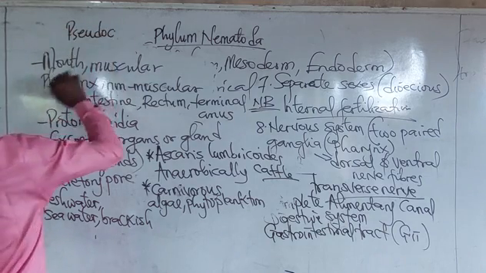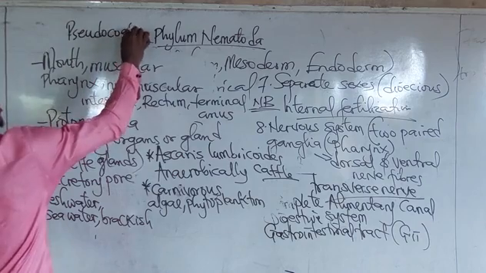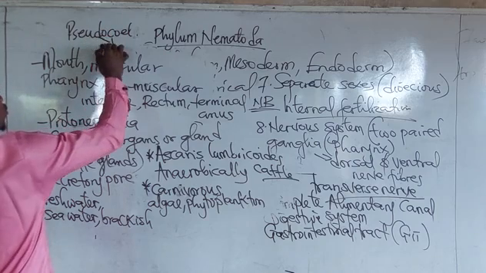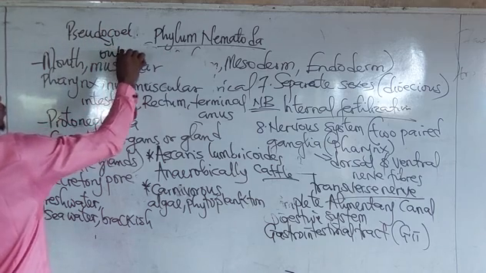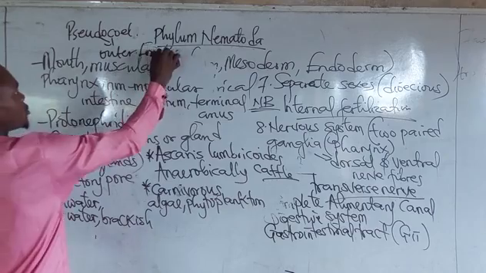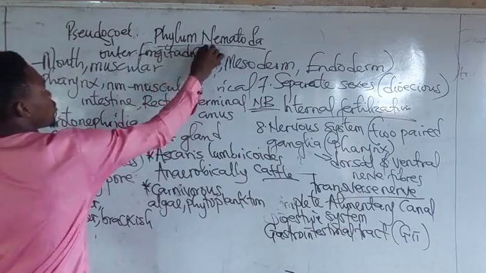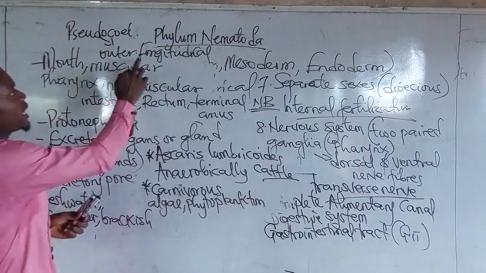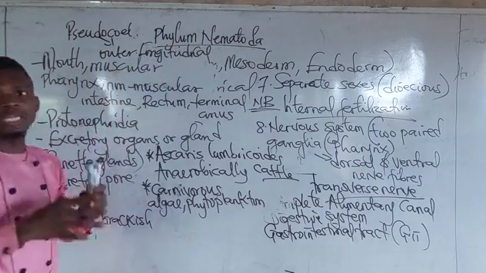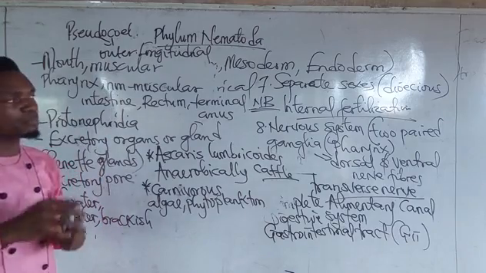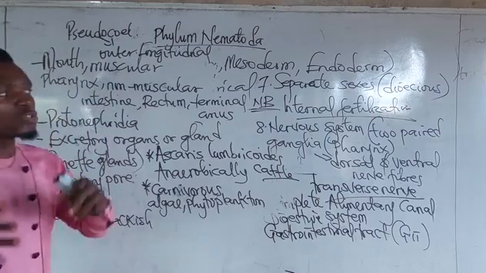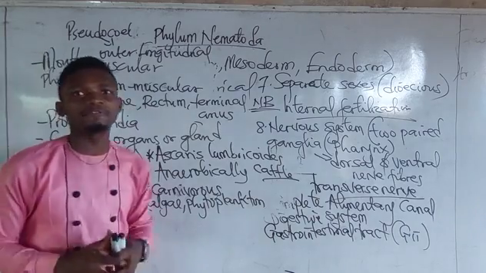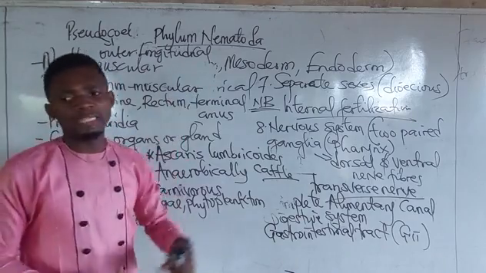Pseudocoel. This pseudocoel assists the outer longitudinal muscle for what? Locomotion. I told you before that it is this outer longitudinal muscle that brings about movement. So these are the general features of phylum Nematoda.